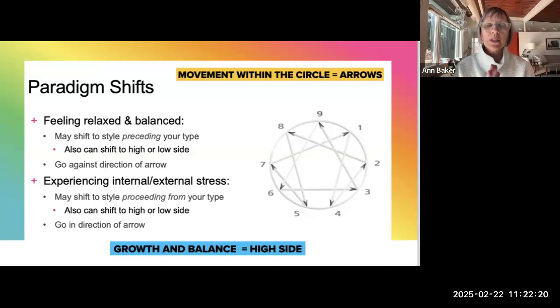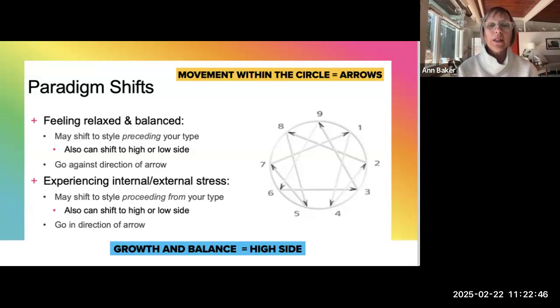So going to 1 is very helpful for the 7 to align their creative energy with getting stuff done. But some 7s can take on that perfectionism and become critical of others and themselves. So that's part of that.